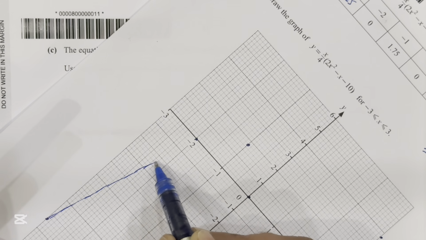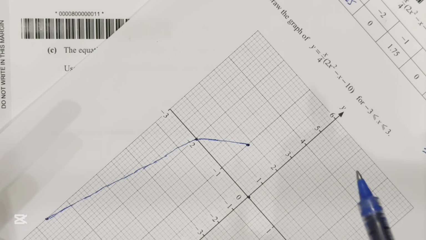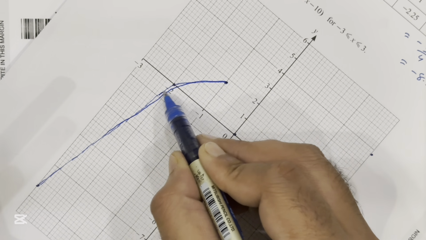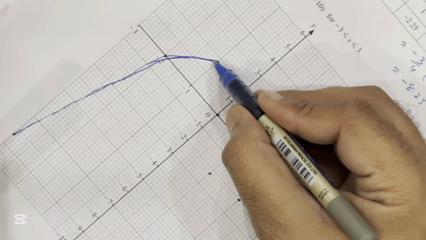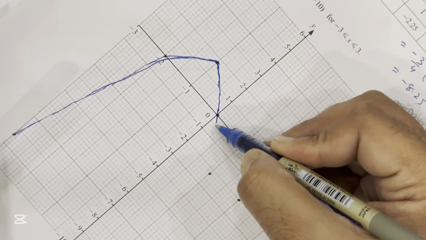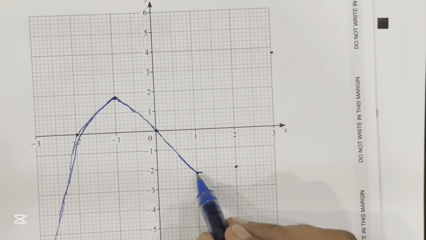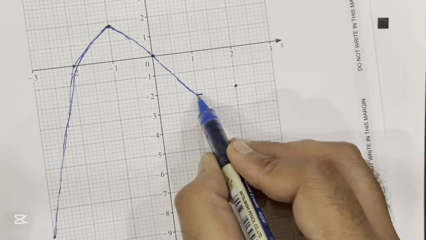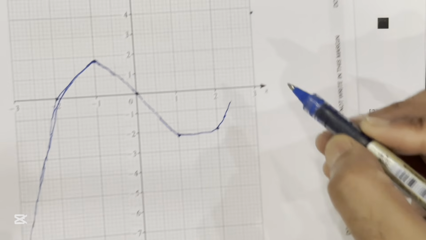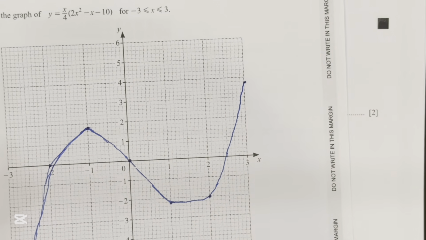You can join with your pencil first in case you are not good at showing these points. So this is how you're going to draw these lines.